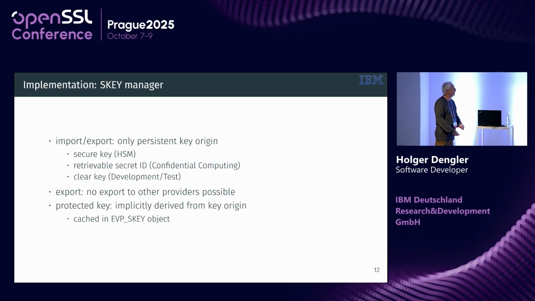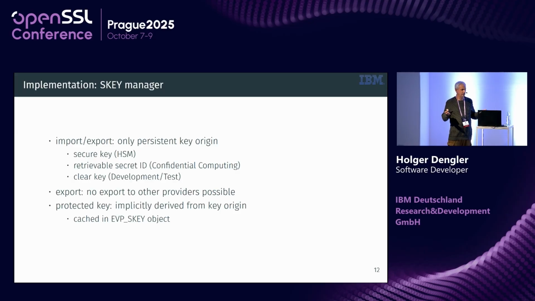So it's nothing new. What we do in the S-key manager, I already showed in the overview. We do import and export of the key, but only the persistent key origin can be exported, so we never export any clear key material.